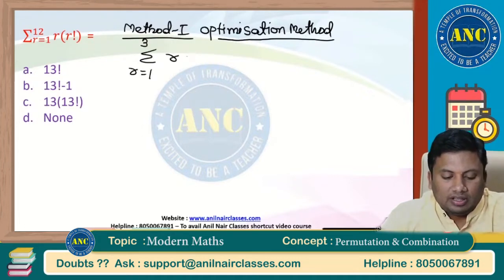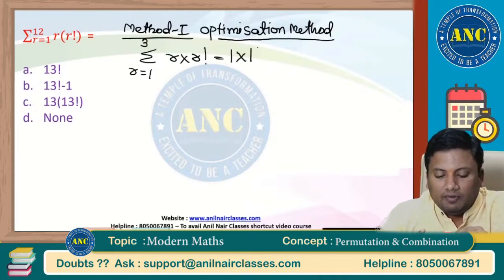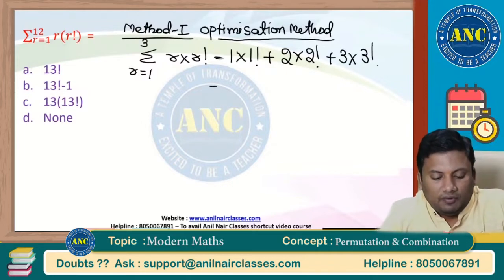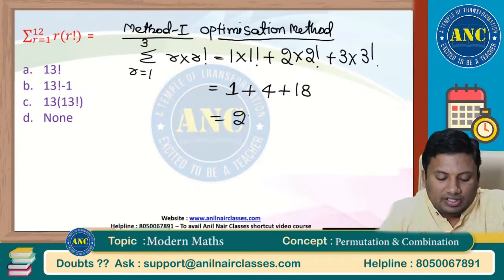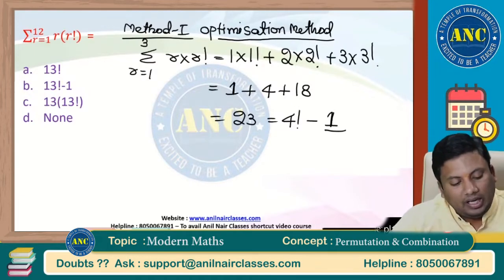So this is nothing but r into r factorial: 1 into 1 factorial, 2 into 2 factorial, 3 into 3 factorial. Are you all with me? So I took till 3. 1 factorial is 1, 2 twos are 4, 6 threes are 18, which is nothing but 23. 23 is nothing but 4 factorial minus 1. 4 factorial is 24, 24 minus 1 is 23.